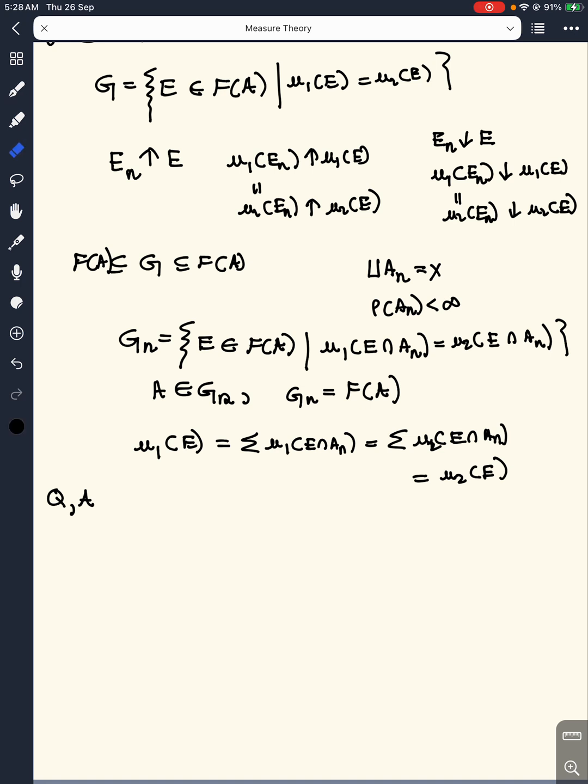On R we have the God-given semi-closed intervals, or open-closed intervals. We take this semi-algebra on R. So restrict it to Q. That is, take all intersections with Q. So this is a semi-algebra on R. You can verify.